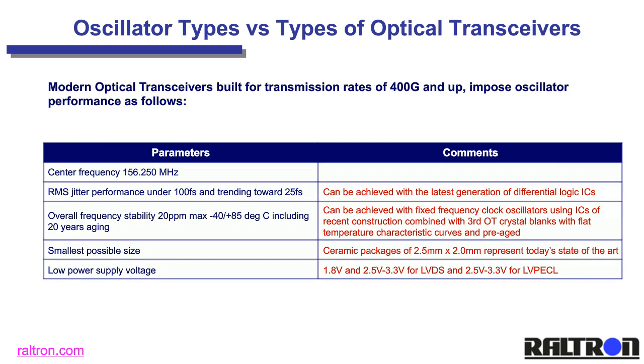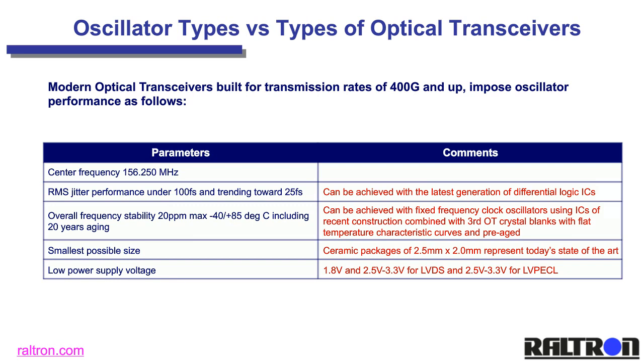So essentially, for optical transceivers, these smaller type of applications, the oscillators have to be at a certain frequency, which is dictated by the telecom standards. These are general rules of the industry.